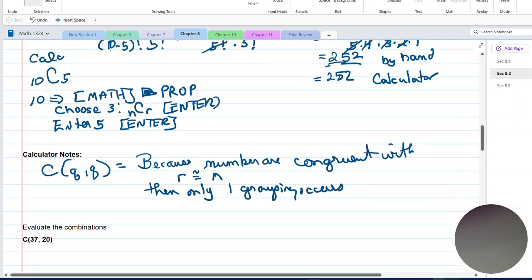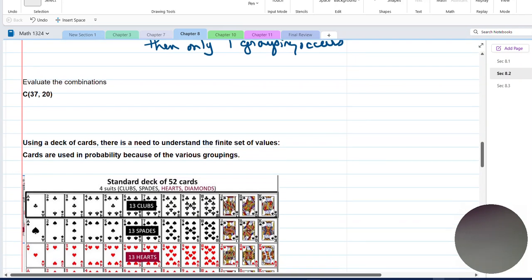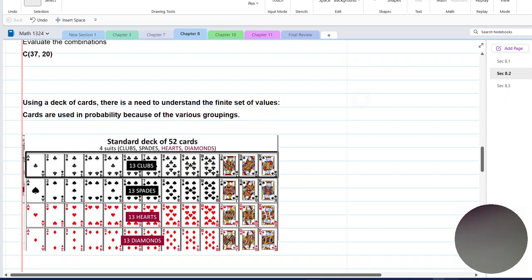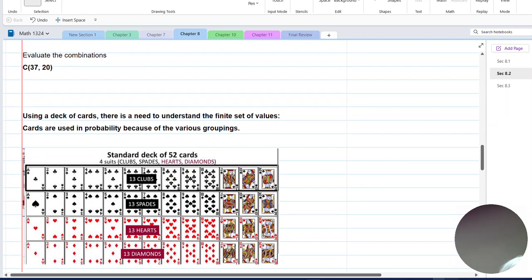Very good, class. We are good. So we want to do this one by calculator because it is yucky.